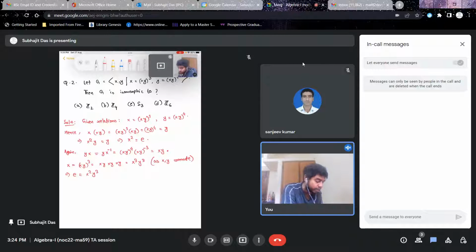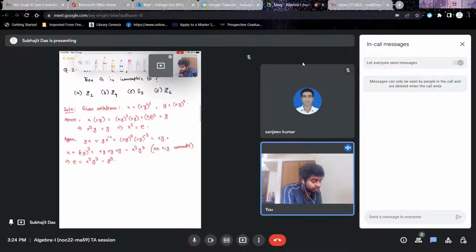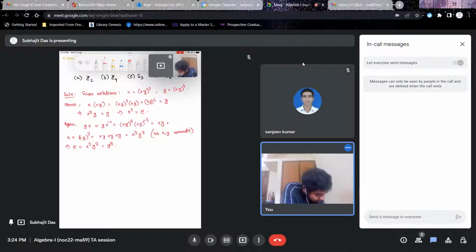But we already know that x squared is the identity, so this is just y cubed. Hence we have three relations: x squared equals e, y cubed equals e, and x and y commute, that is xy is yx.